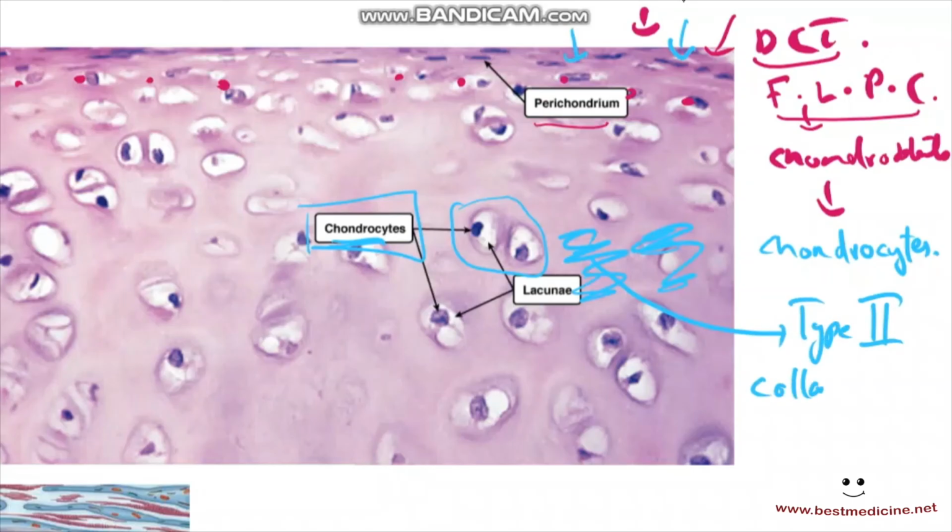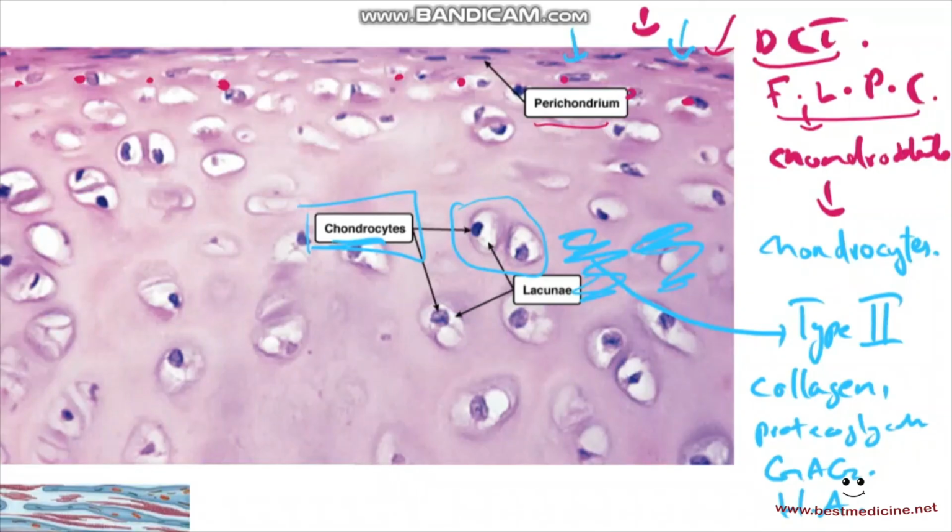Generally it has type 2 collagen, but there's another type of collagen that is also present in specialized cartilage, okay? So we have type 2 collagen, and we have some ECM components like proteoglycans, GAGs, which one of them is hyaluronic acid. And yeah, that's pretty much it.